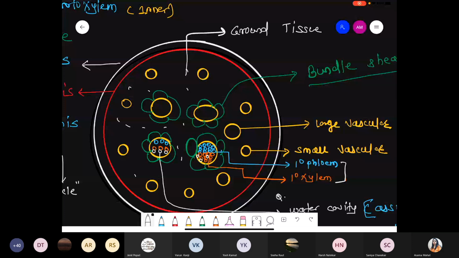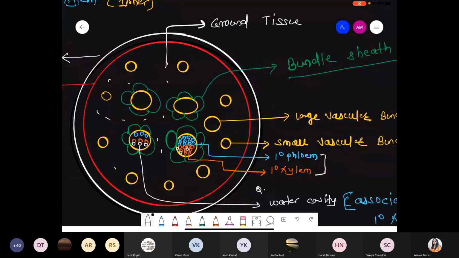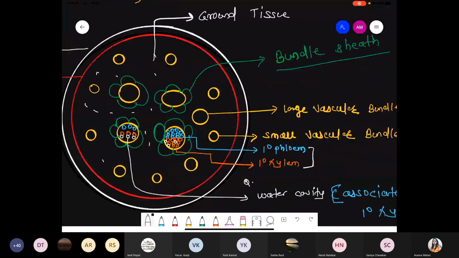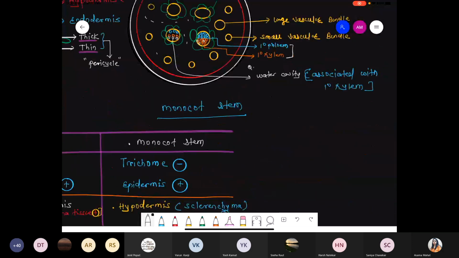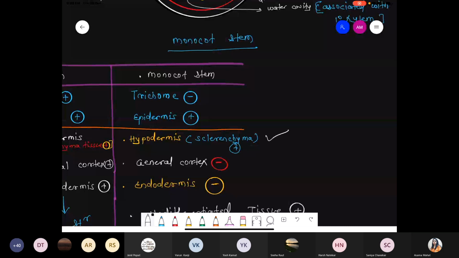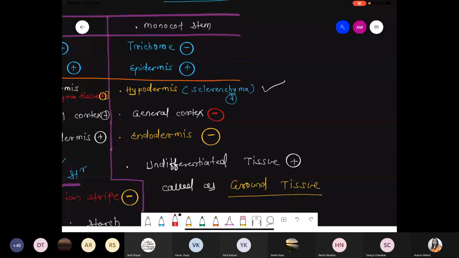But when we talk about the ground tissue, these are just undifferentiated tissue, commonly living and thin. But we are not mentioning a specific endodermis or specific general cortex with respect to monocot stem. Obviously, hypodermis tissues are present, and the other part, the ground tissue, is also present. But the general cortex and the endodermis are totally absent in monocot stem.